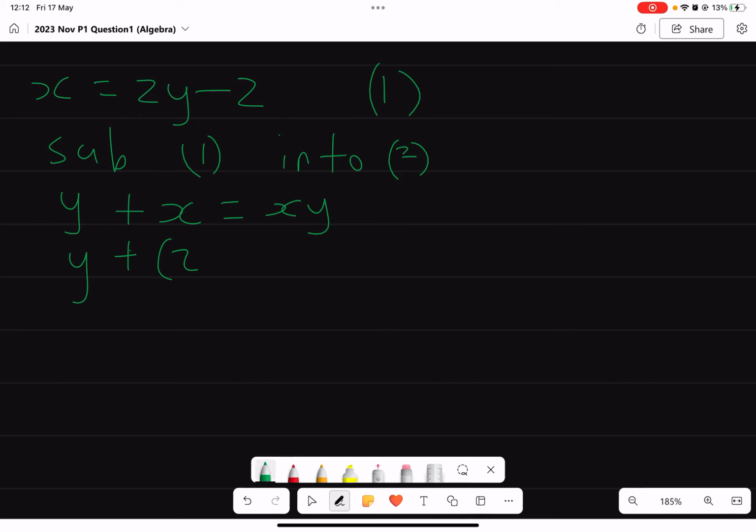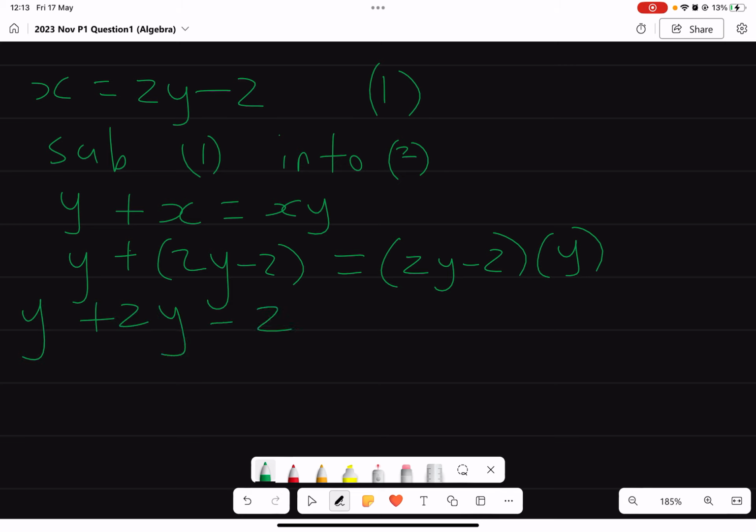So it's 2y minus 2, which equals, I see x here, so I have to replace with that. So I'll say, in brackets, 2y minus 2 multiplied by y. All right? And then I have y plus 2y minus 2 equals, let's check here.